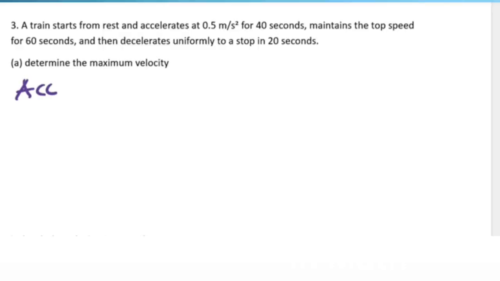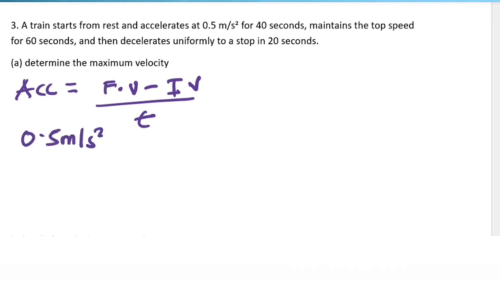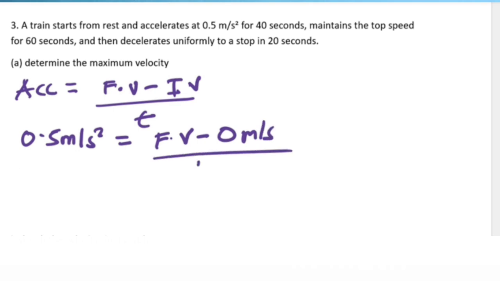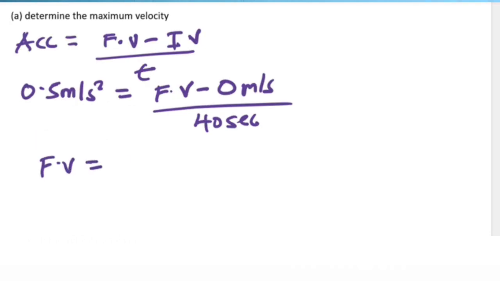So already here we are given acceleration, we have time, and we have the initial velocity. So we only need to find the final velocity after 40 seconds. We are going to use the formula that acceleration is equal to final velocity minus initial velocity over time. In this case, 0.5 meters per second square is equal to final velocity, which we don't know, minus initial velocity, which is 0 meters per second, divided by time, which is 40 seconds.